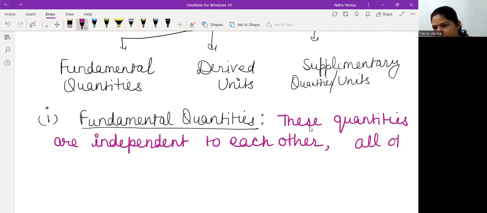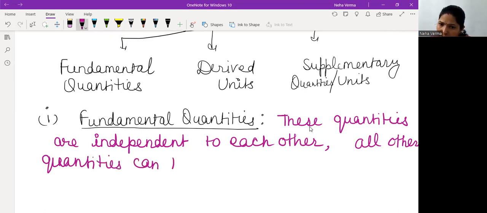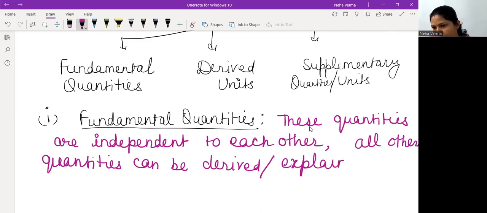All other quantities can be derived or explained using these quantities.